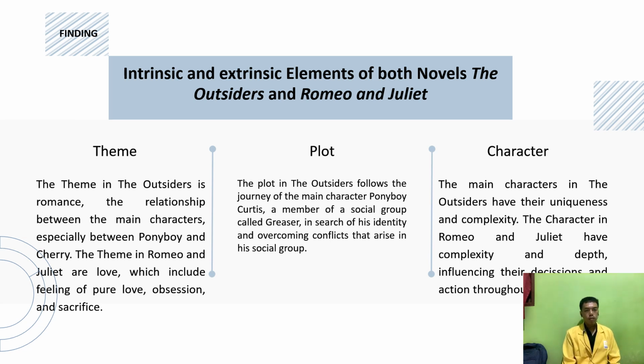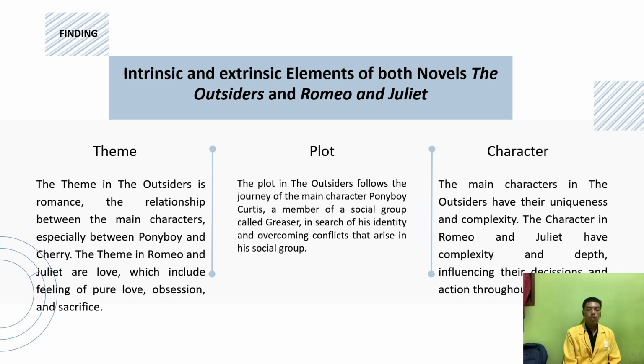The first one is theme. The theme in The Outsider is romance, the relationship between the main characters, especially between Ponyboy and Cherry. The themes in Romeo and Juliet are love, which includes feelings of pure love, obsession, and sacrifice. The plot of both novels.